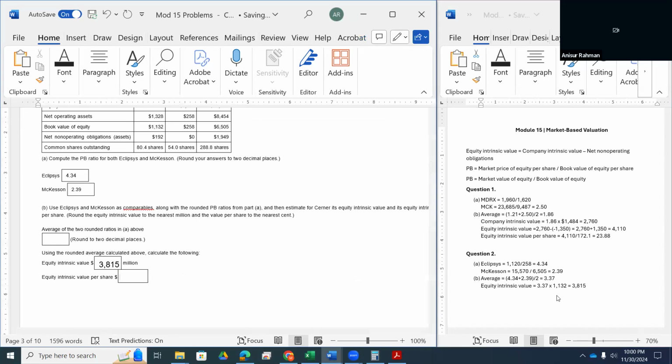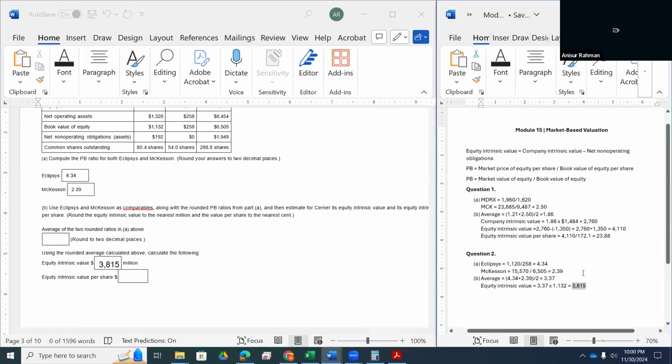Now just to explain a little further here. When you calculated the PB ratio, what you did was you took market value of equity divided by book value of equity.